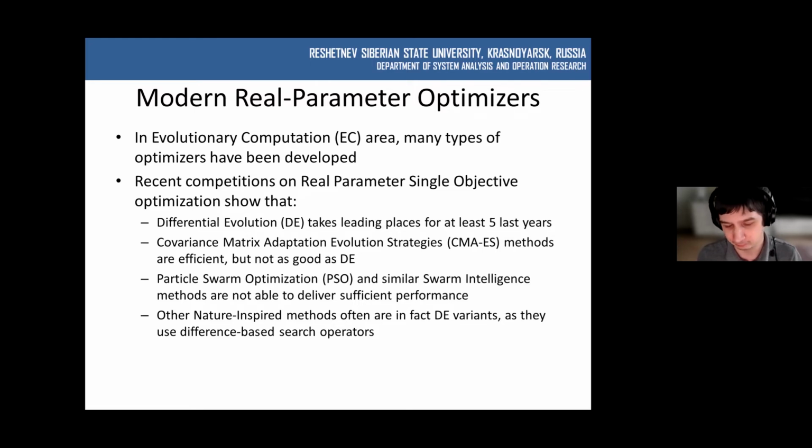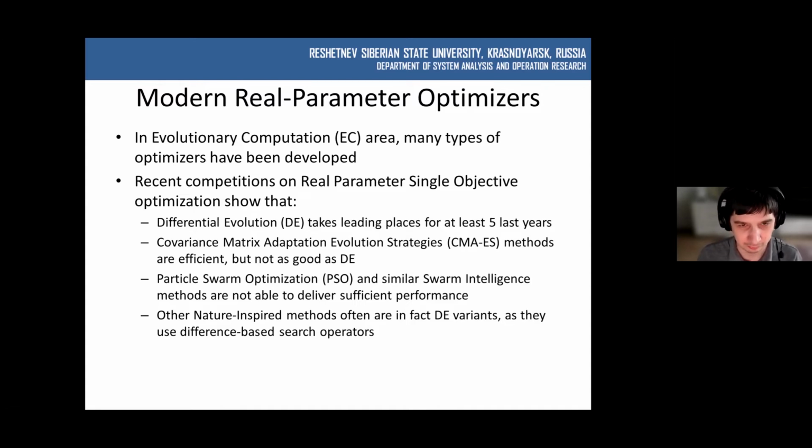So it looks like everyone is using differential evolution now, which was not the case like 10 years ago. Of course, there are other methods like CMA-ES, which is covariance matrix adaptation, but usually they are not as good as differential evolution. Of course, they sometimes have very good results in several cases, but in general, they are not prize-winning methods.